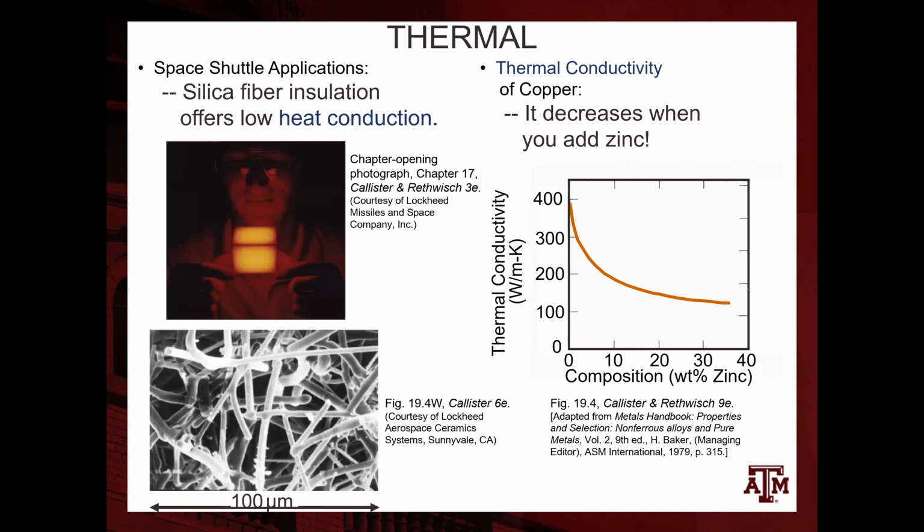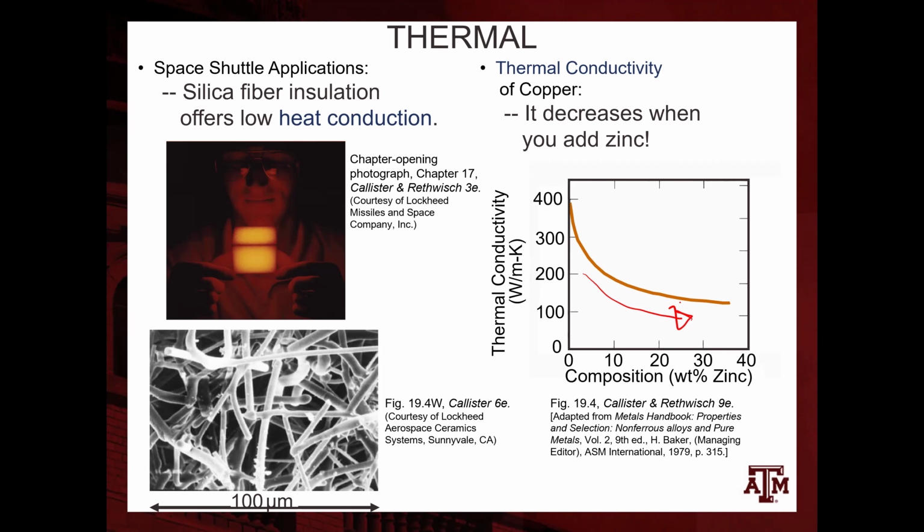Same with the thermal conductivity. So if we add zinc to copper, you can see also the thermal conductivity is decreasing as we increase the composition of zinc. Sometimes, of course, we want to increase or decrease the thermal conductivity. So in space shuttle applications, of course, like with the re-entry to the atmosphere, there will be a lot of heat, and we want to have some protective layers that would be almost insulating, so basically have very low thermal conductivity.